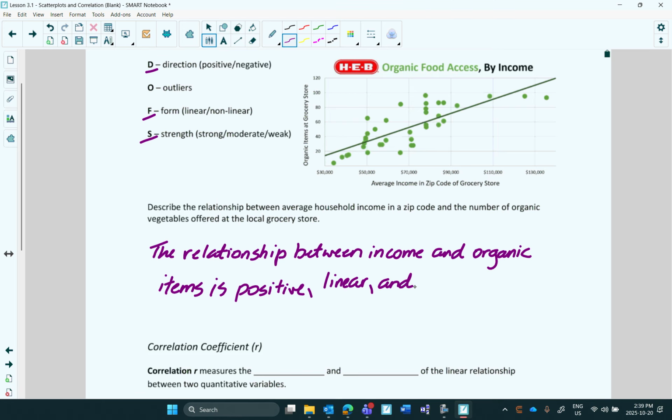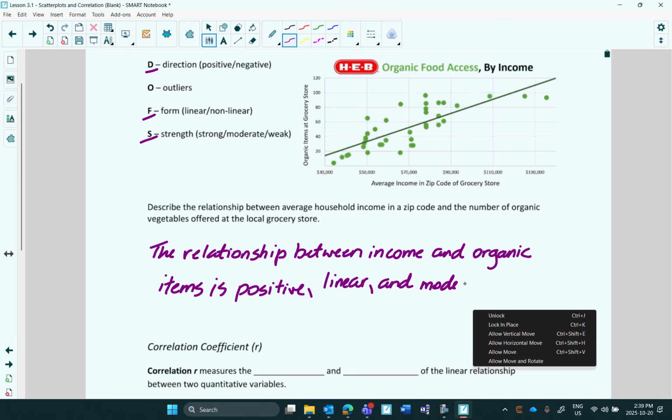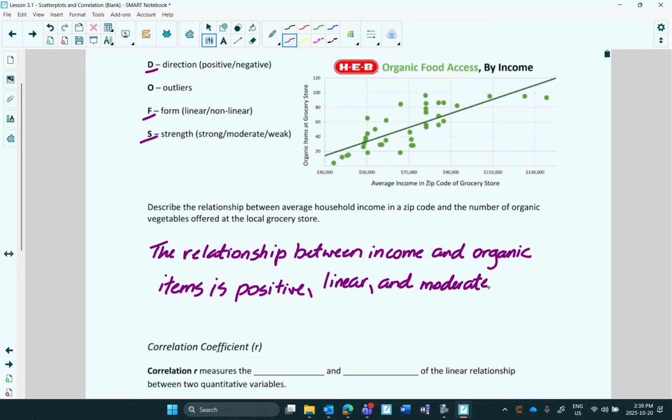Obviously it's not perfect, so we can't say that it's really strong. Sure, let's go with moderately strong. And we'll talk in a second about where we can use certain words. Actually, we can just finish it in one sentence.